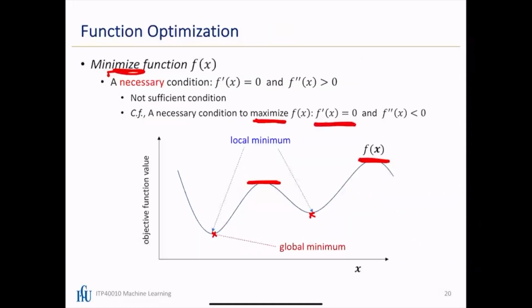You want to find the tangent line slope 0, and the acceleration is essentially negative, where you're turning the velocity from positive to negative. So your double prime becomes negative. This is, again, a necessary condition to maximize the function. So like this, you have multiple candidates for maximization, or minimization.